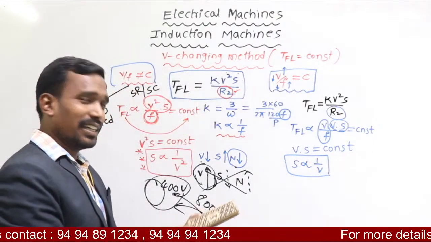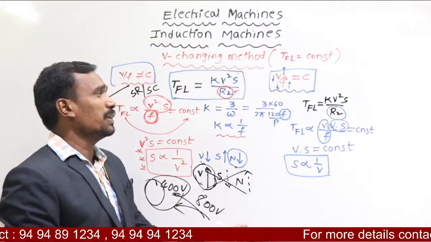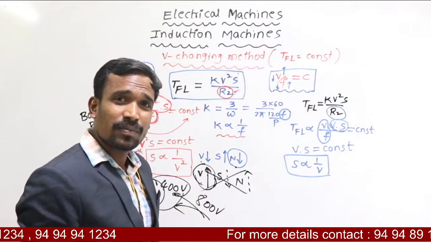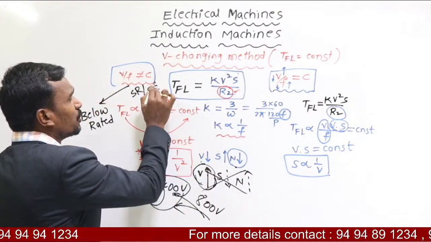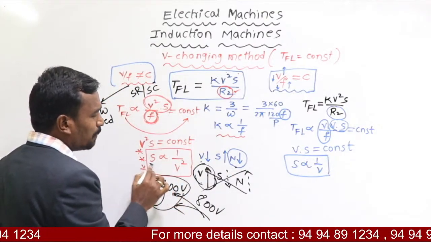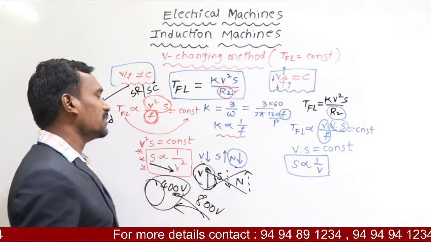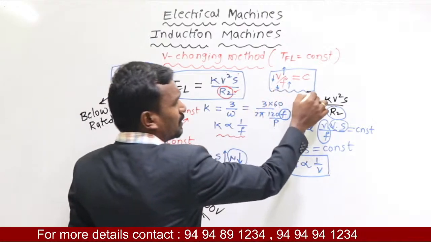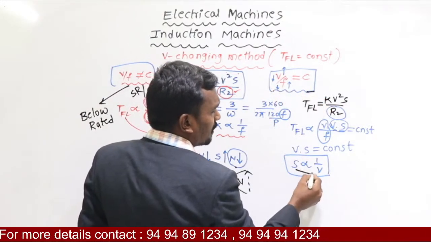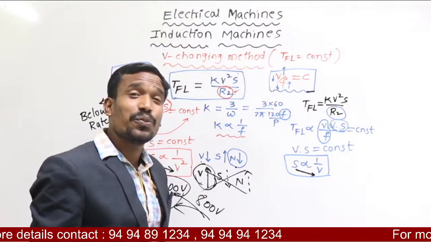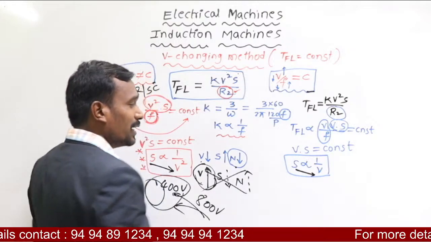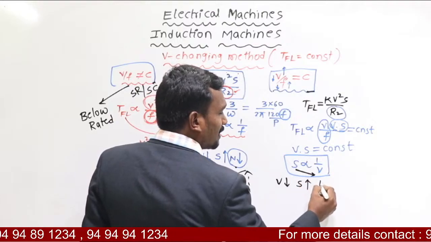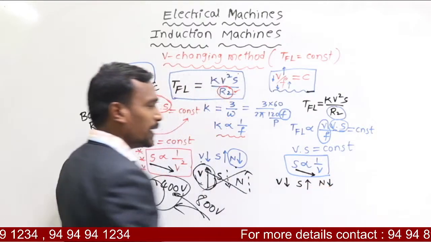Observe here, what is the difference between V by F constant and V by F not constant? When the V by F ratio is not constant, the slip is inversely proportional to V square. When the V by F ratio is constant, then the slip is inversely proportional to V. Now here, if voltage decreases, then slip increases, then we can reduce the speed.